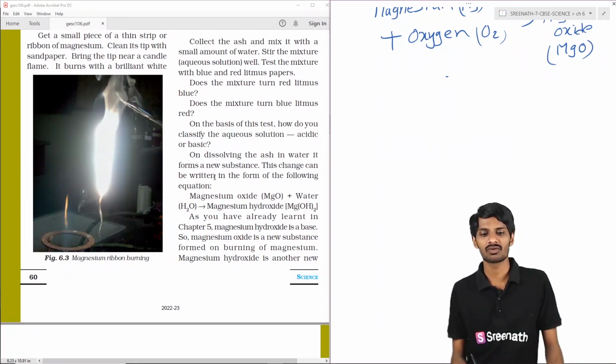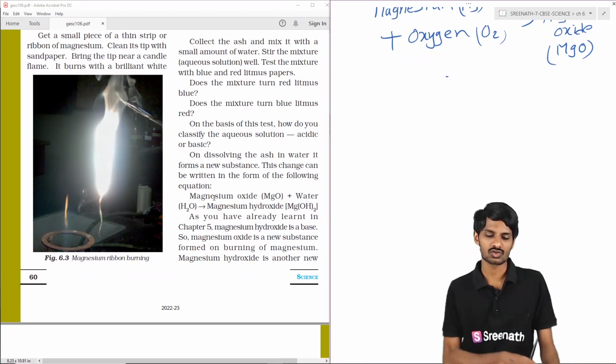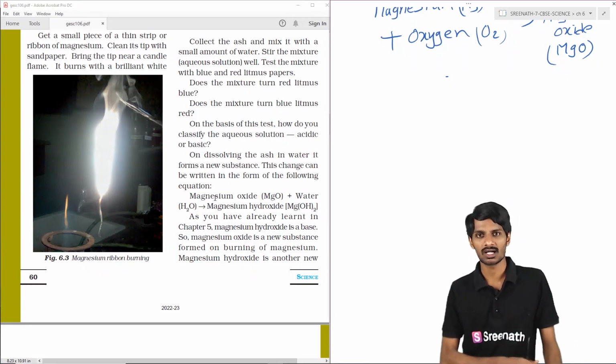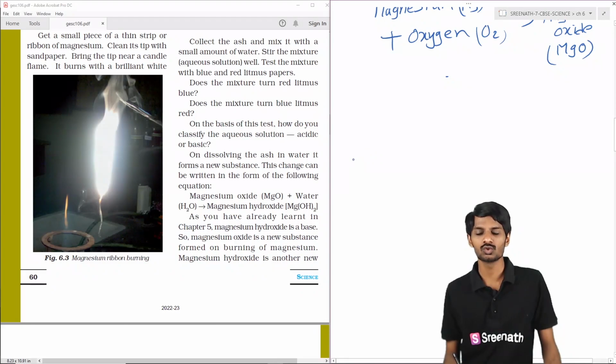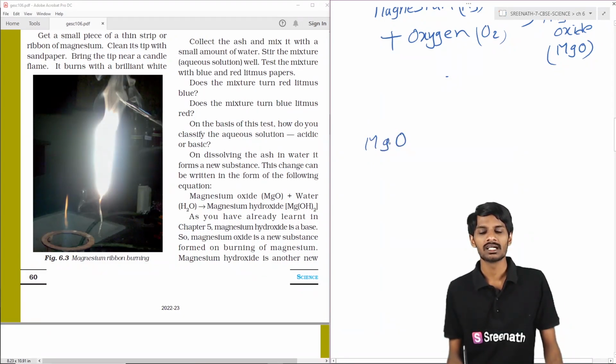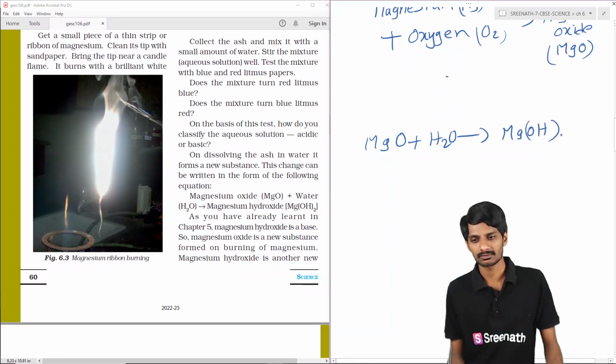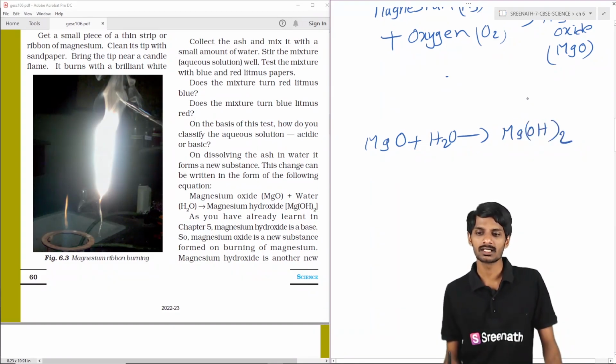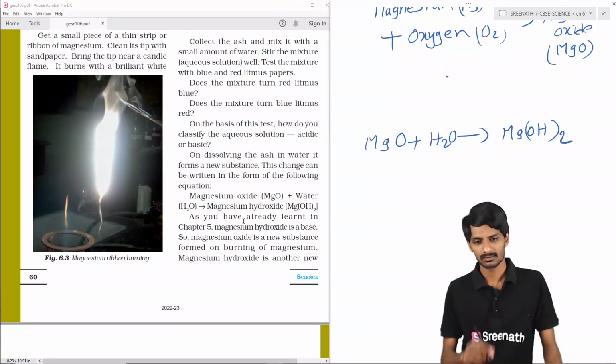This change can be written in the following equation, students. So magnesium oxide, MgO, is the ash. We have mixed it with water, that is H2O. So finally we get magnesium hydroxide, that is Mg(OH)2, students.